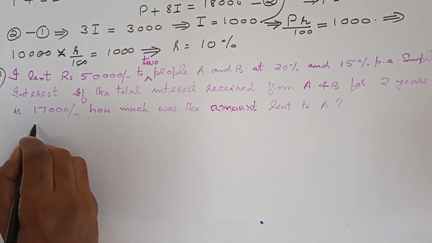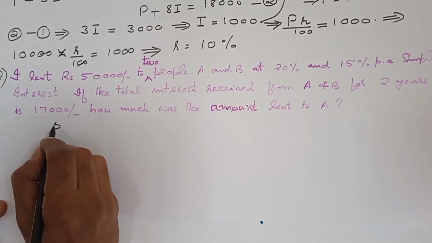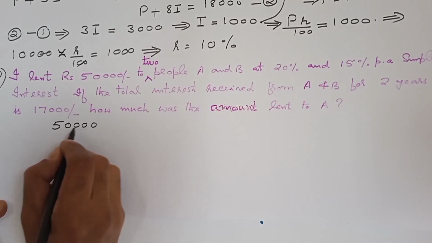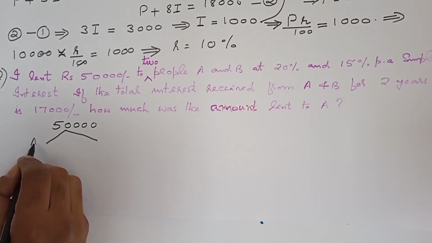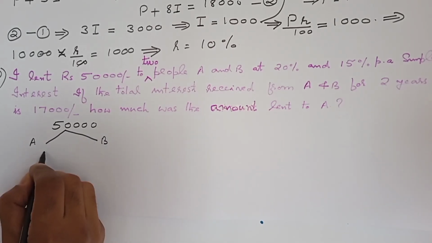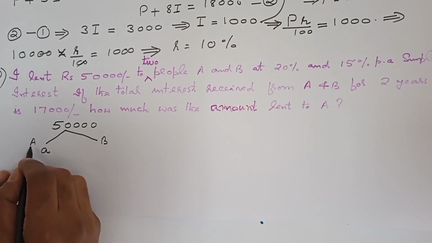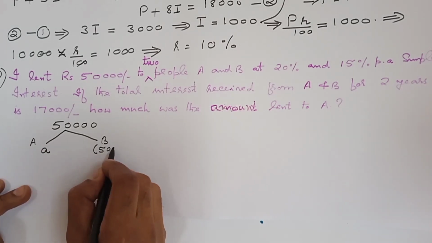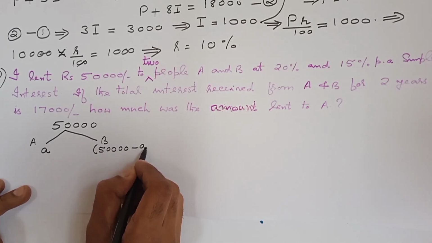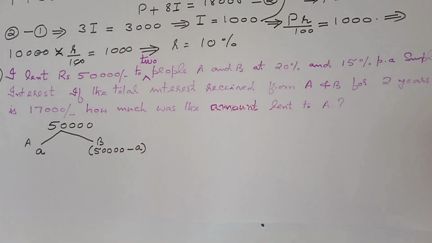Yeah, we have here 50,000 rupees being lent to two people, A and B. Let A be the amount received by A so that B will have received 50,000 minus A. Let's assume this is the way it's been divided.